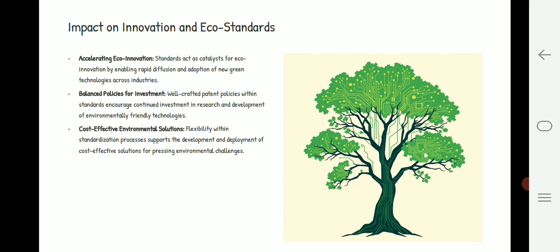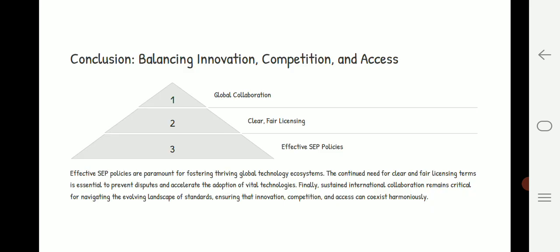Well crafted patent policies within standards encourage continued investment in research and development of environmentally friendly technologies. Flexible standardization processes support the development and deployment of cost effective solutions for environmental challenges.